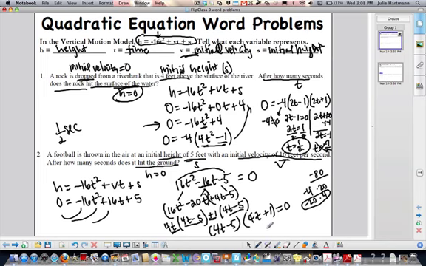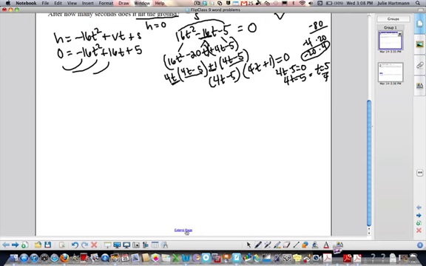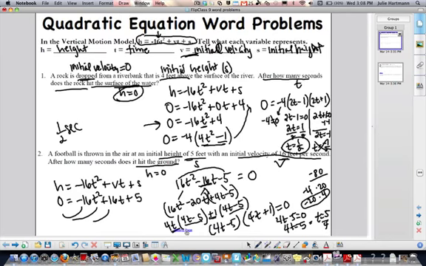Okay, from there, set each one equal to 0. So you have 4t minus 5 equals 0. Add the 5 over. You get t equals 5/4. Okay, and then move the board down. Whoops, a little bit too much.